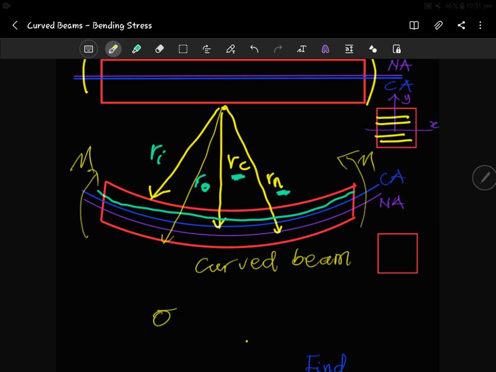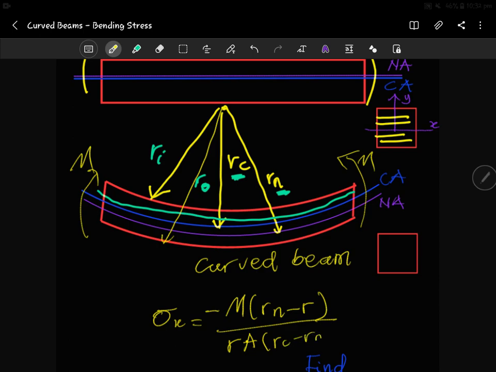So the stress at a particular position is equal to minus M, and then in brackets the neutral axis radius minus r, all over r, A, e, and then we have r c minus Rn. I'll explain all these terms later.